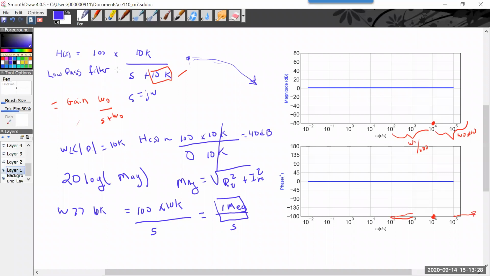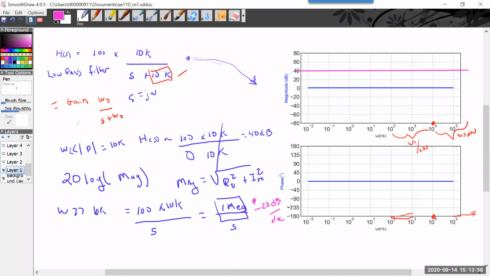All right. So let's do one asymptote first, and we'll just take it at 40 dB. And I'm just going to draw it straight across, because that's what that asymptote does. Now I've got another line, and it's going to be an integrator, because it's 1 over s, minus 20 dB per decade.